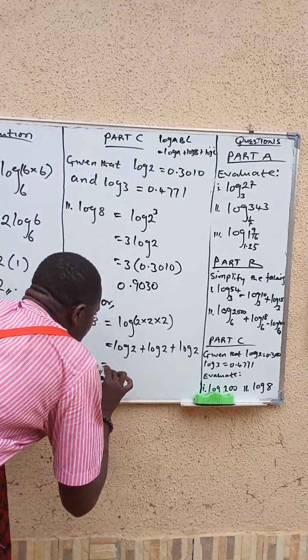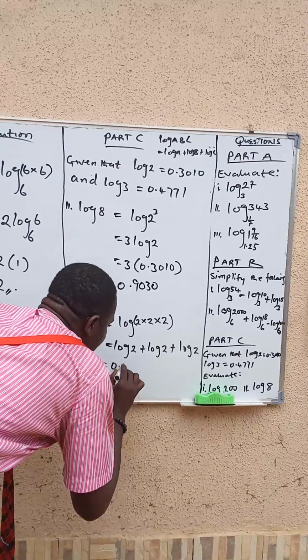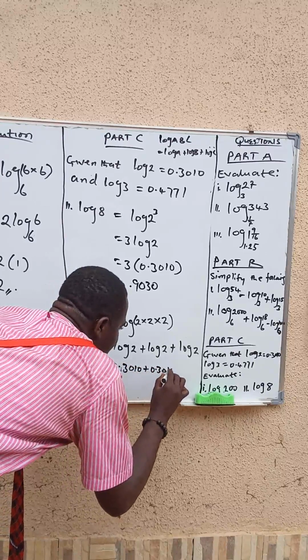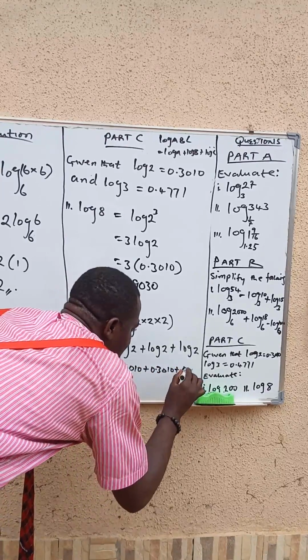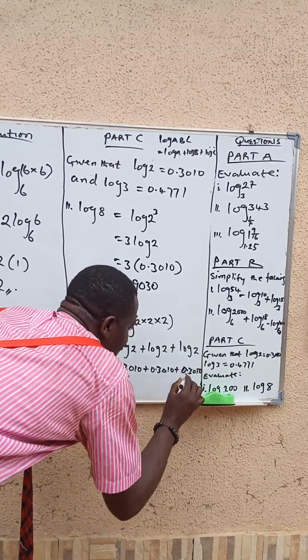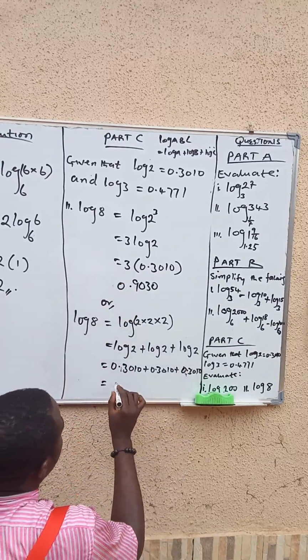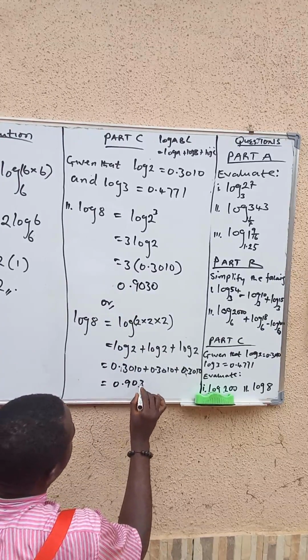Now this is the same thing as 0.3010 plus 0.3010 plus 0.3010, which is 0.9030.